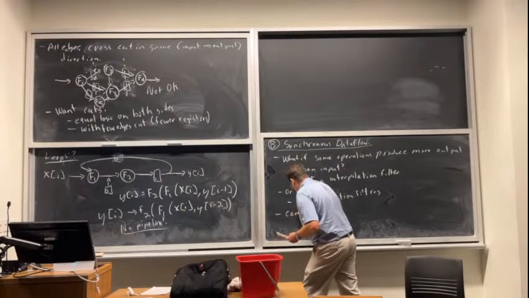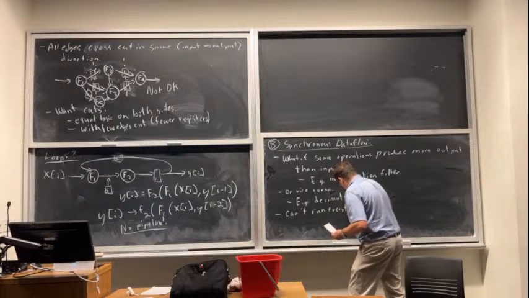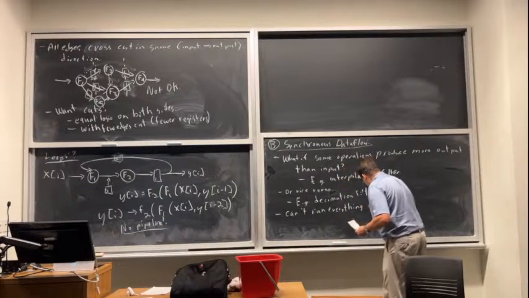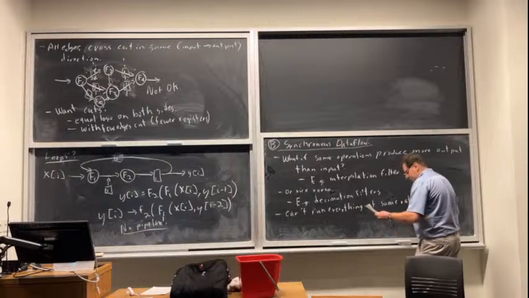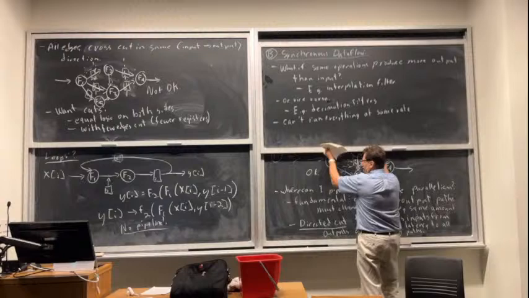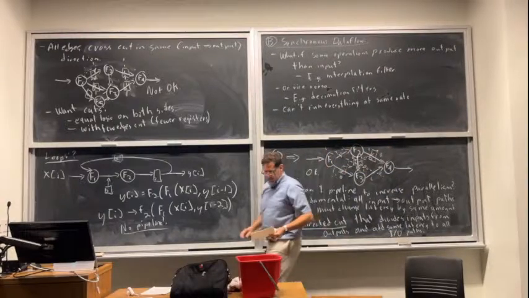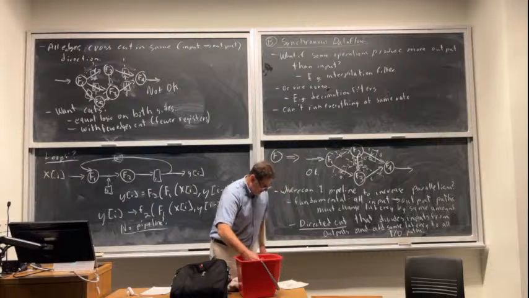Okay, so that's our fundamental problem here. Can't run everything at the same rate. Okay, so, and there's a standard way to fix this, which is why there's a name for it.